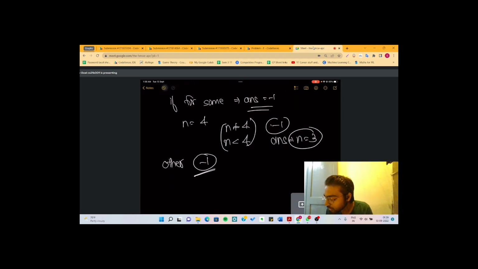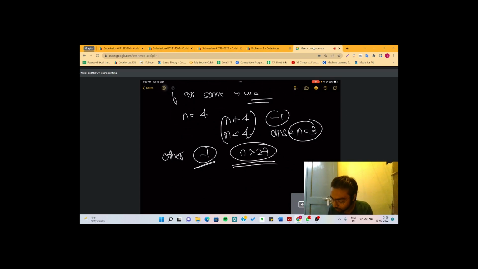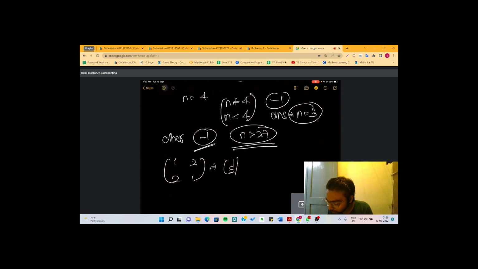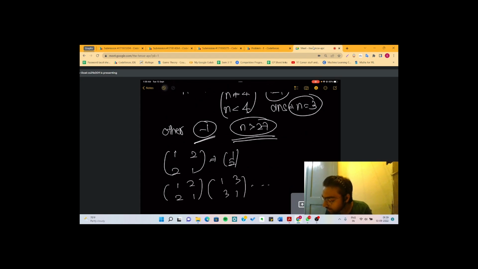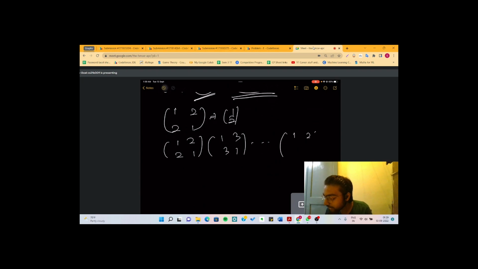Okay, so we for sure know n is greater than 27, right? Now in this case, for 1 2 and 2 1 to give the same answer, the probability is 1 by 2, right? For 1 2 2 1, 1 3 3 1, and all these queries till 27 1, for all of them to give the same answer, the probability would be 1 by 2 raised to 25.